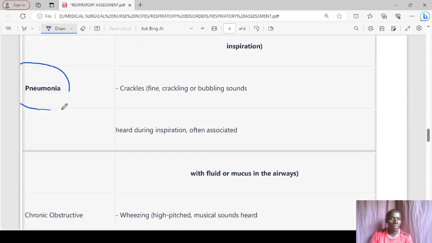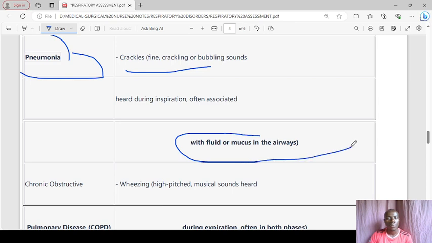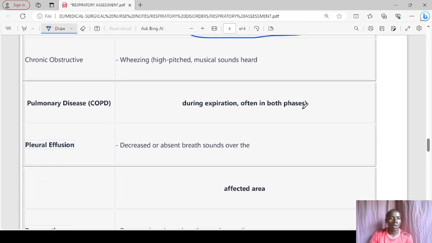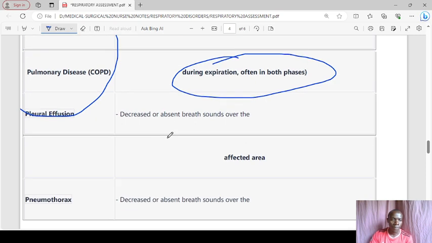What about pneumonia? For pneumonia, we have crackles, these fine cracking and bubbling sounds heard during inspiration and often associated with fluid or mucus in the airway. We have COPD, chronic obstructive pulmonary disease, which will have the wheezing, like asthma, high-pitched musical sounds heard during expiration in both phases.